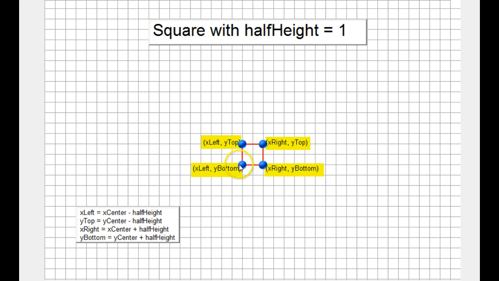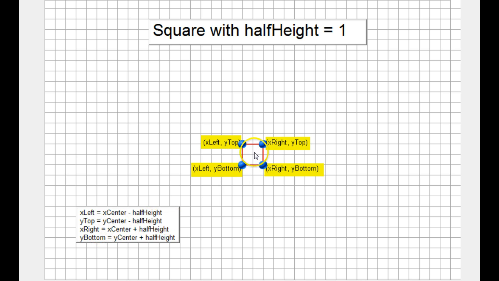Both these vertices have the x coordinate x left. The y coordinate of these two vertices are both y top, and these are both x right. So x left is x center minus the half height.